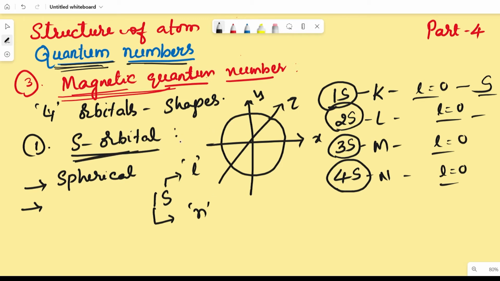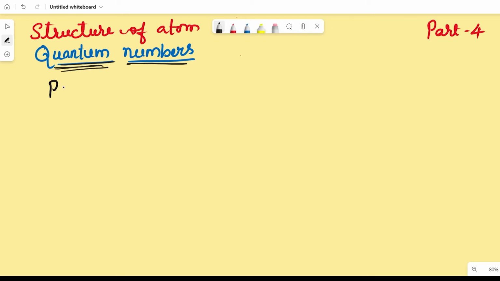Now let us explain the shape of the p orbital. The p orbital has a dumbbell shape.